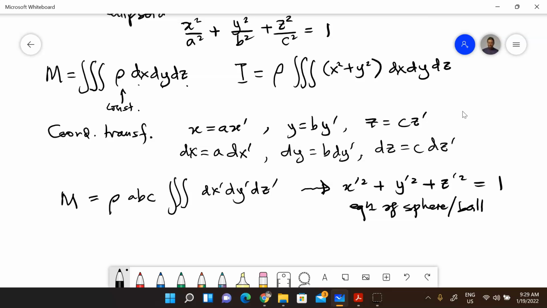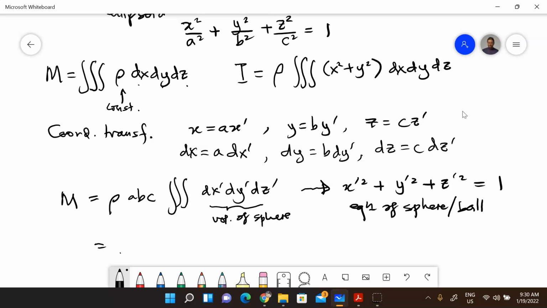So this will now give you the volume of a sphere.